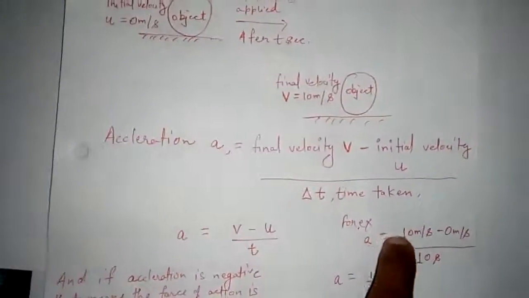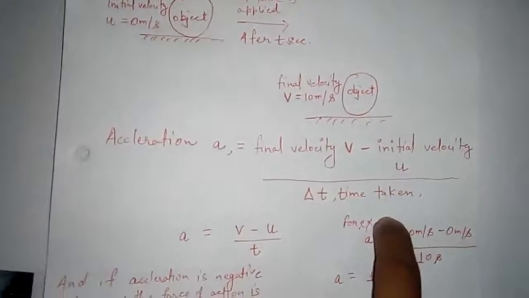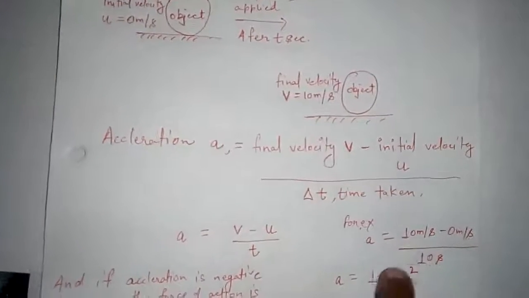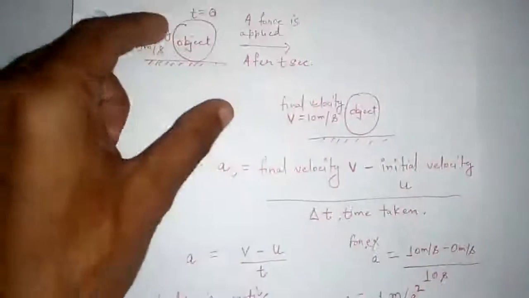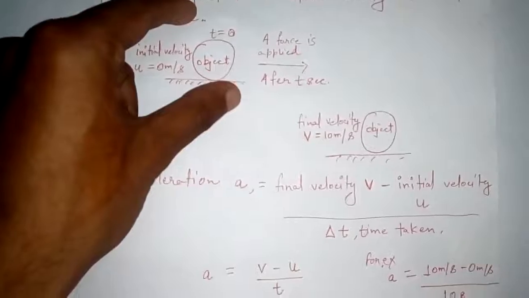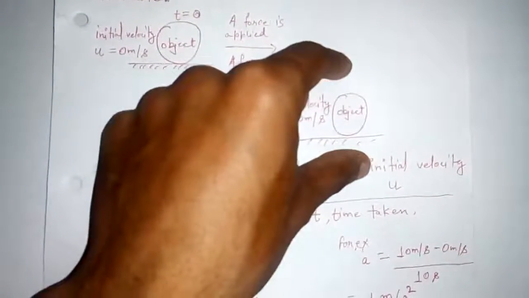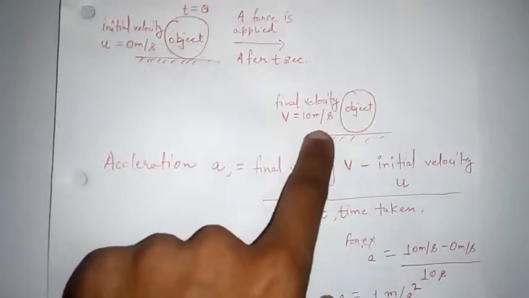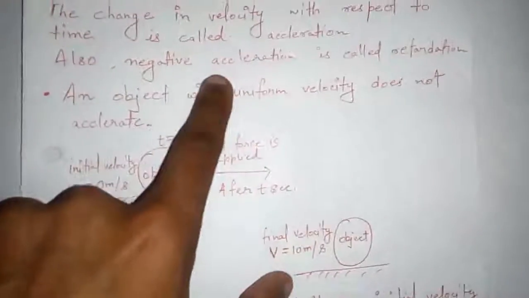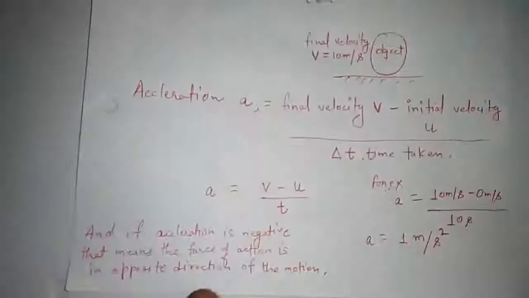So here, if I do 10 minus 20, which becomes minus 10 upon 10 seconds, the result will become minus 1. Which means it was already at a higher speed, and something happened so that its speed became less after 10 seconds. In that case, we will not call it acceleration, we will call it retardation.